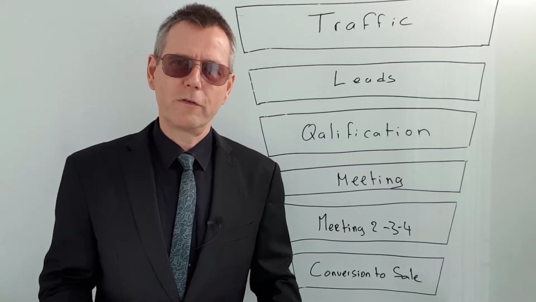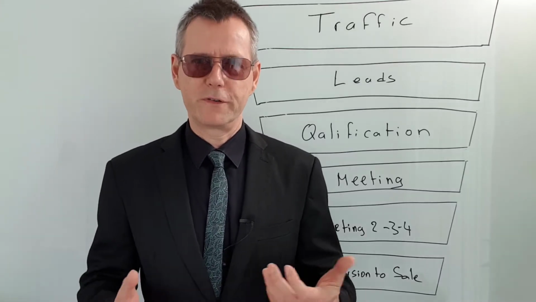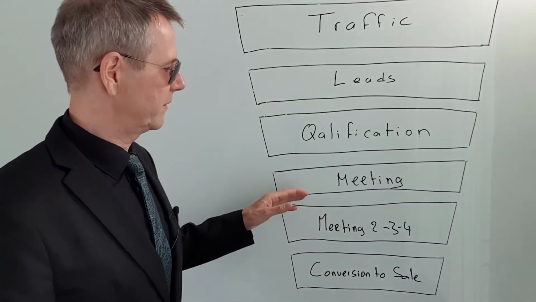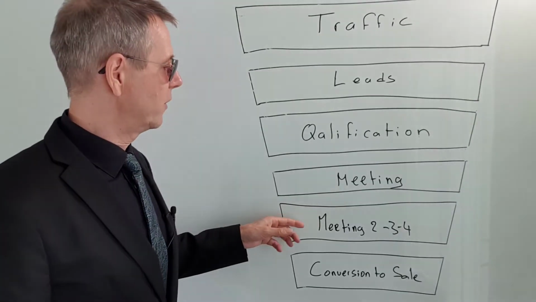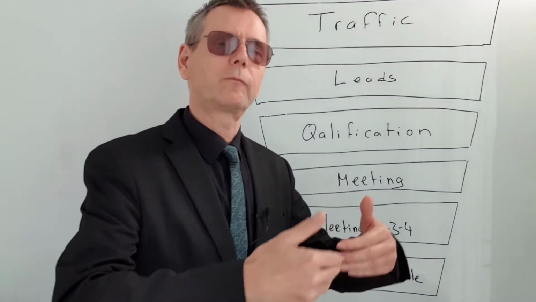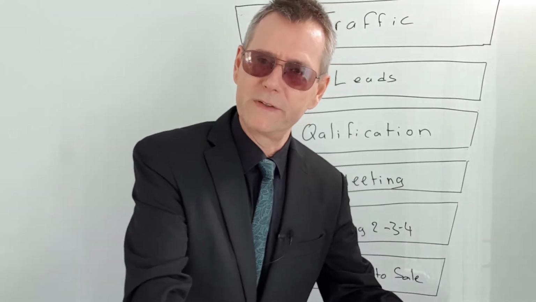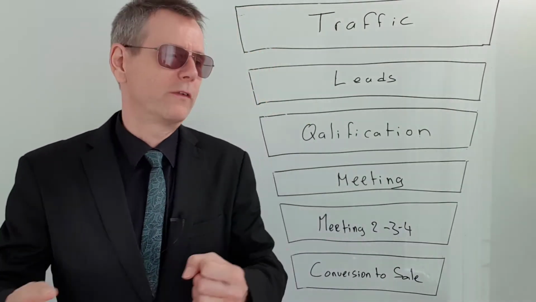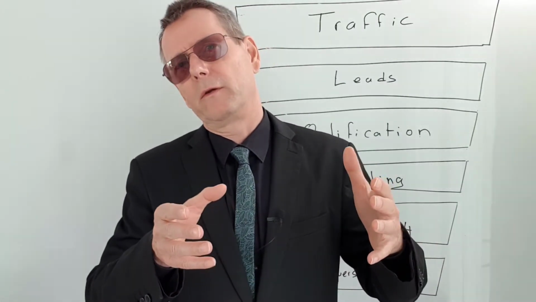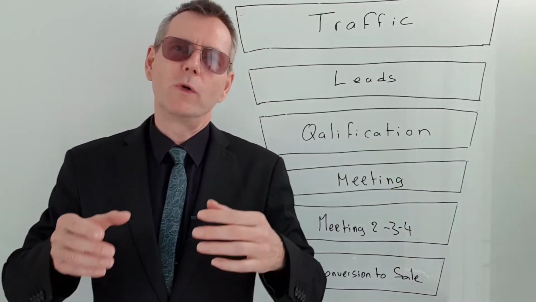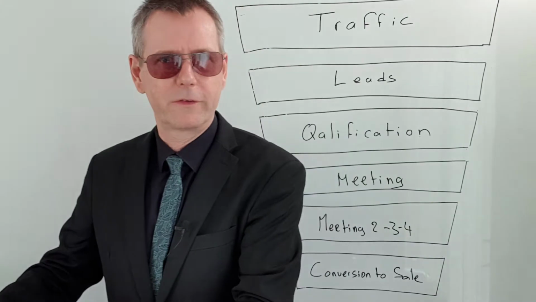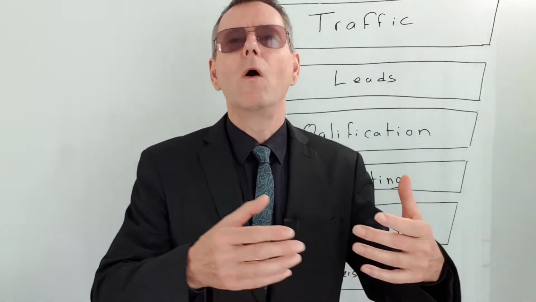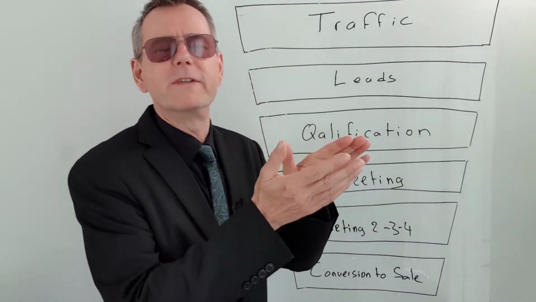Some products or services are sold during the first meeting, but in certain cases you need to have a second meeting, third meeting, fourth meeting, where you have different steps, where you have to show, for example, the outcome of the first meeting. You will say, okay, I will draw a sketch and I will show it to you, or I will make an offer. This you will see as your step.